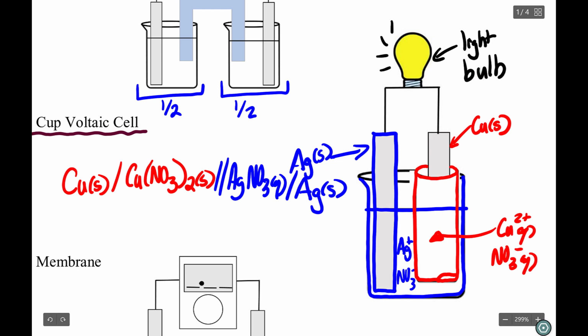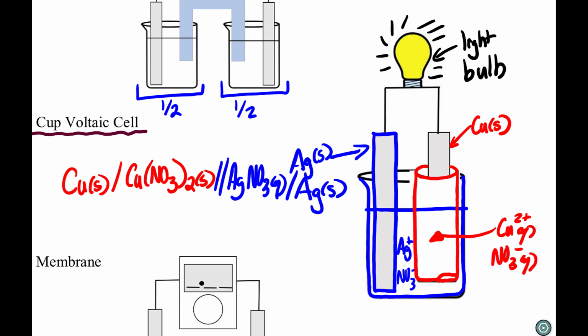So if this produces enough voltage, this should light up. You can do this really easily with a lot of LED light bulbs because they require such low voltage and current in order to operate. But don't be surprised if you see a light bulb as part of a diagram on a voltaic cell rather than a voltmeter. Okay, so that's a porous cup picture.